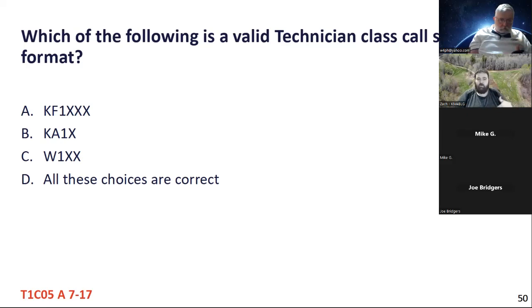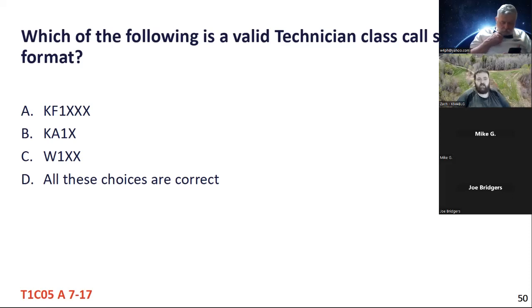This would be a 2x1, which is 2 letters before, 1 letter after. This would be a 1x2, 1 before, 2 after. And the 1x2s and the 2x1s, those short call signs, if you go back to that table we saw a couple slides ago, are only reserved for extra class amateur radio operators.